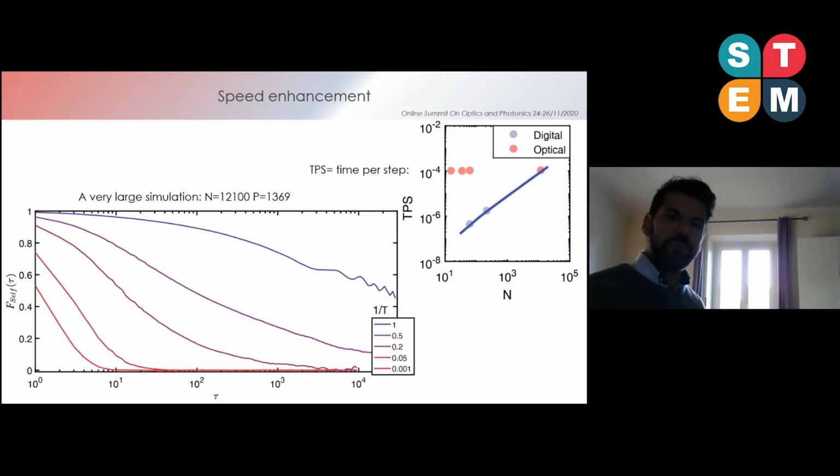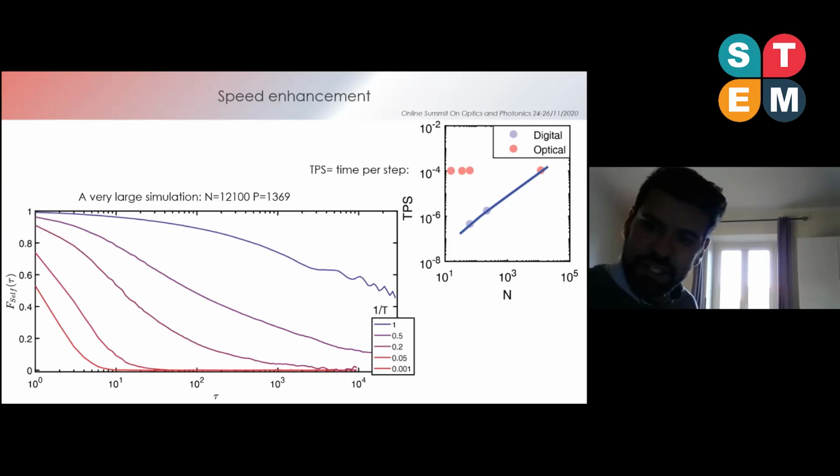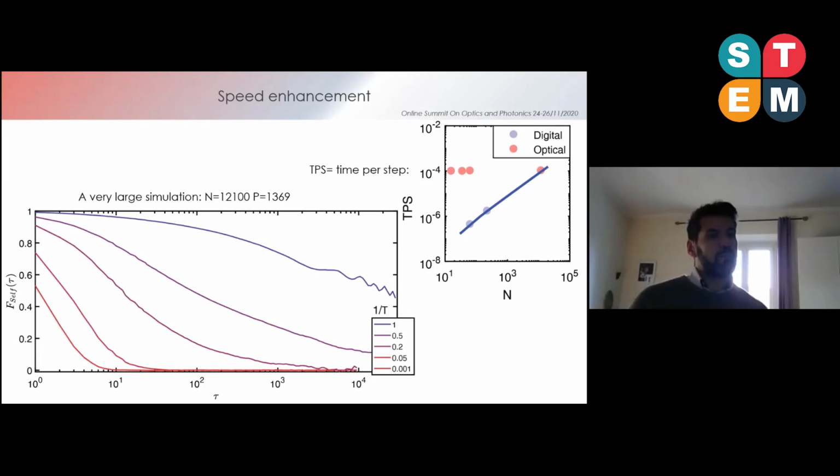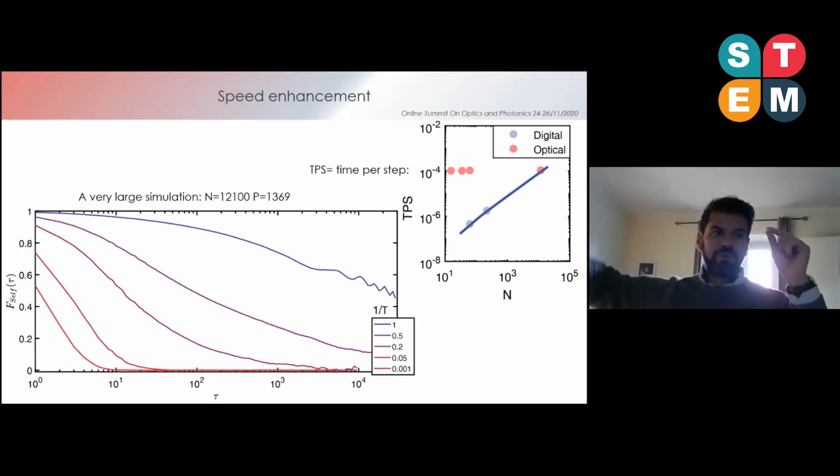And you can see here the speed of our simulating system. You see the time per step, the time that you need to make a Monte Carlo loop step, compared for the digital simulation and the optical simulation. In the digital simulation, the time is proportional to N, because you have to calculate the contribution of each spin coupled with all the others.